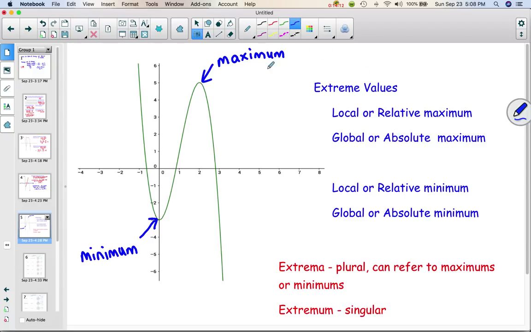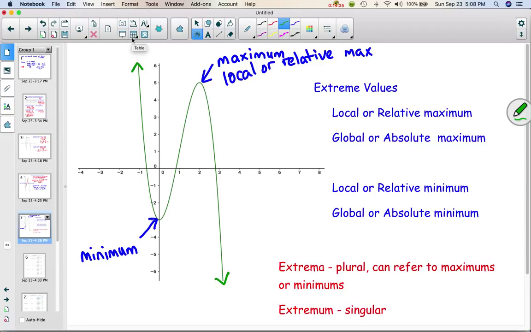So for this maximum value that I have listed here, this is considered a local, or sometimes some books will refer to this as relative max, but not an absolute max. And here's the reason why, even though I left off my arrows again. This function continues to go up.